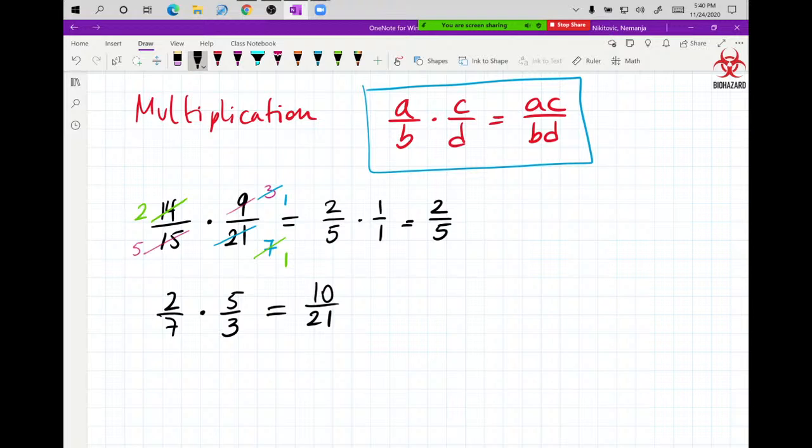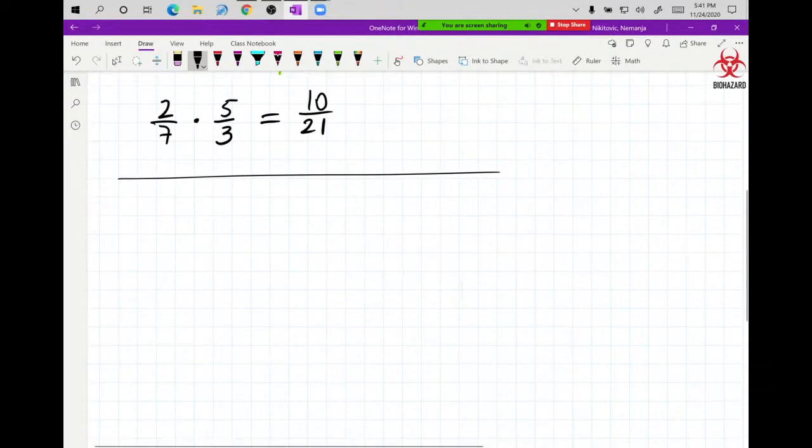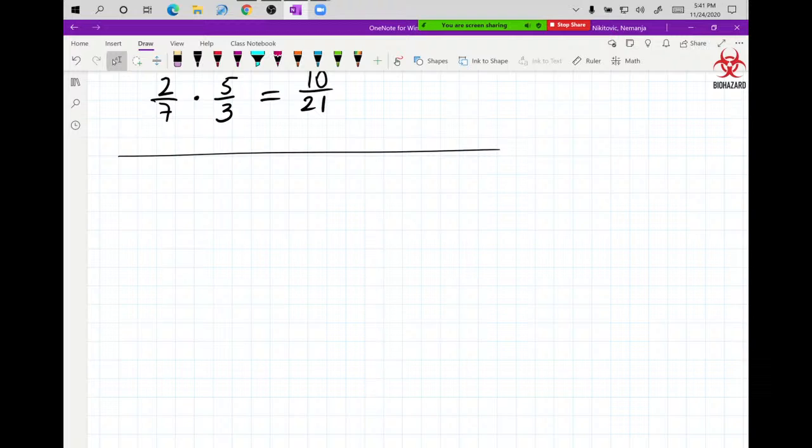So let's go and now talk about the topic, which is multiplication of rational expressions. So we're going to do the same thing as we did in this fraction, except now we're going to have x values and so on.